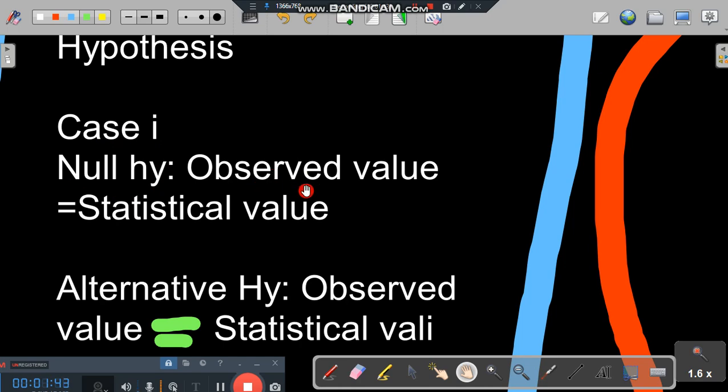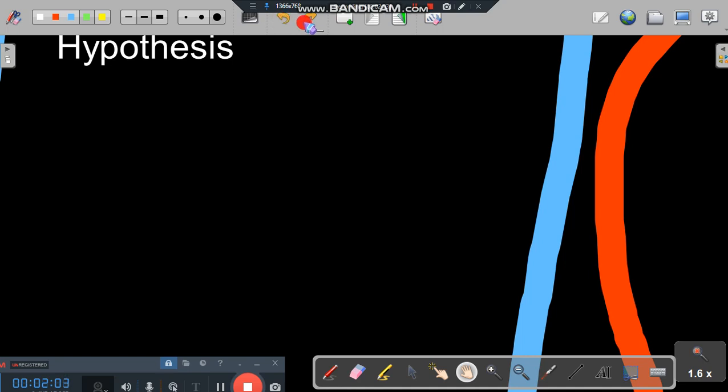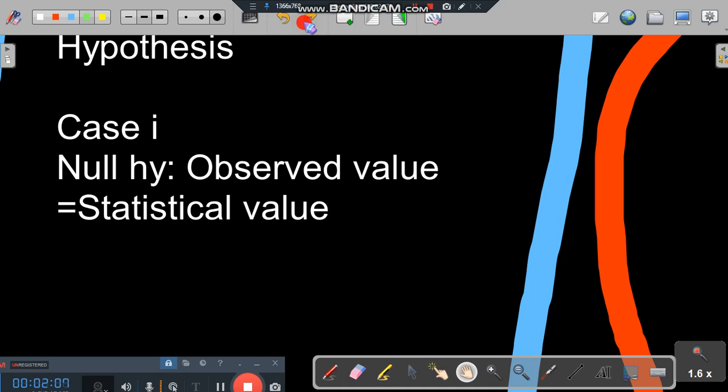We are assuming that the observed value equals the statistical value. That is the blind idea we assume, and that's called a null hypothesis. So what is the null hypothesis? The observed value equals the statistical value.